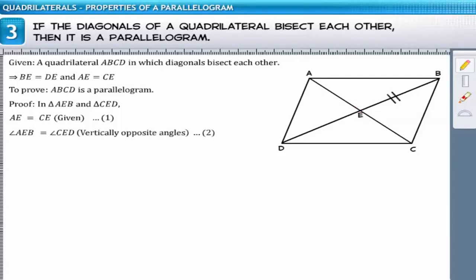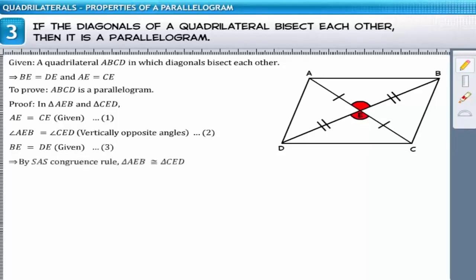Also, side BE is equal to side DE, denoting this by equation 3. From the above equations, two sides and the included angle of triangle AEB are equal to the corresponding two sides and the included angle of triangle CED. Thus, by the SAS congruence rule, triangle AEB is congruent to triangle CED.